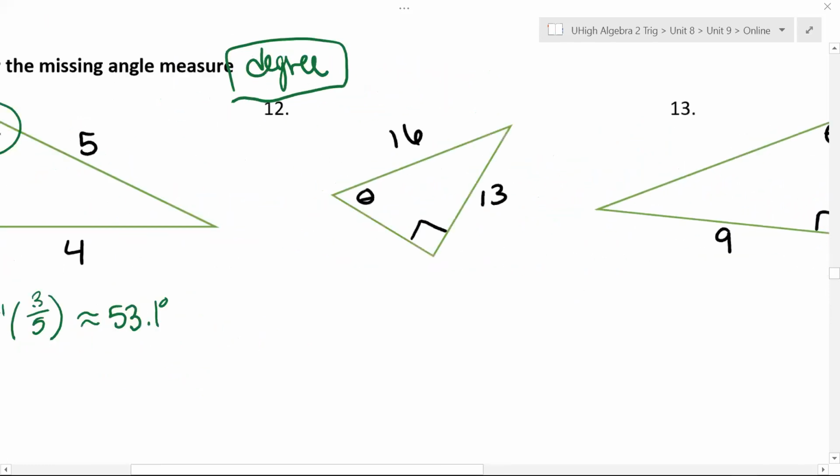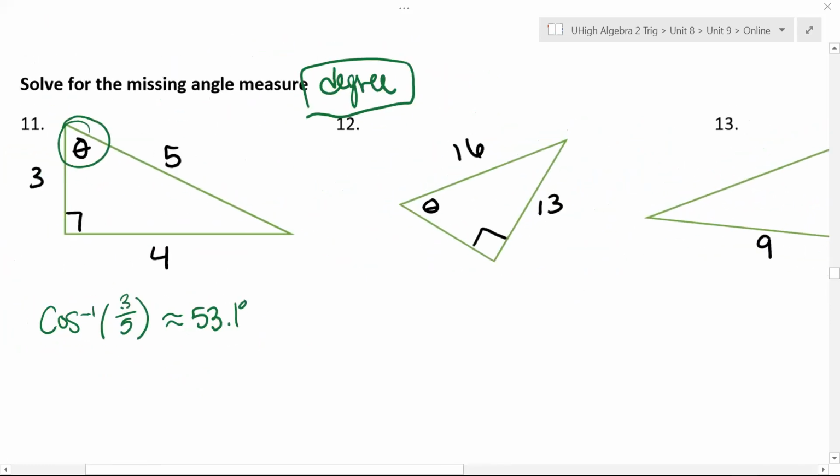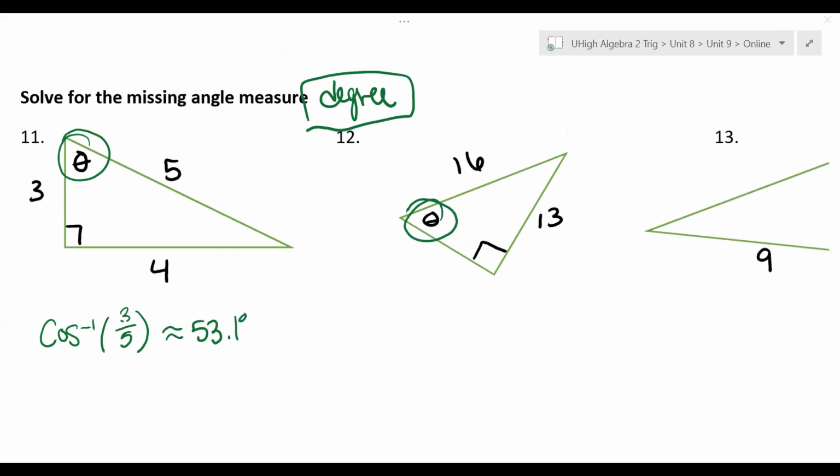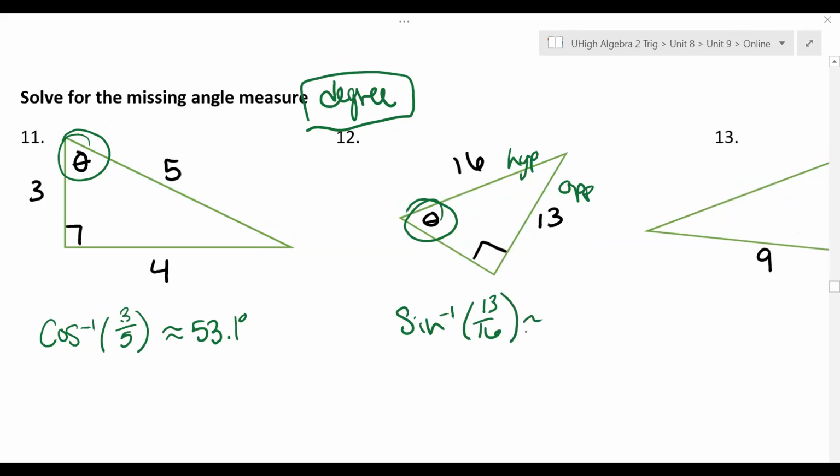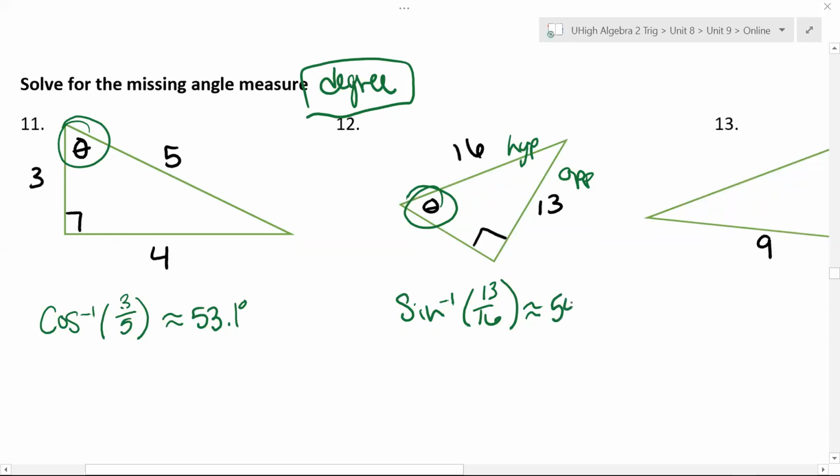All right, number 12. If my angle is theta, I am given my opposite and my hypotenuse. So that means I'm going to be looking at my inverse sine function of opposite over hypotenuse, which is going to get me approximately 54.34 degrees.